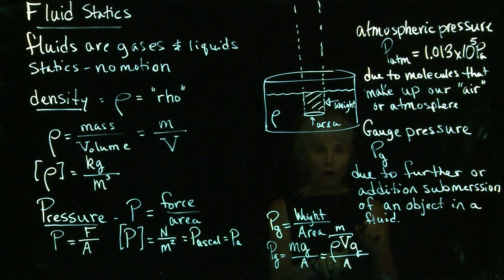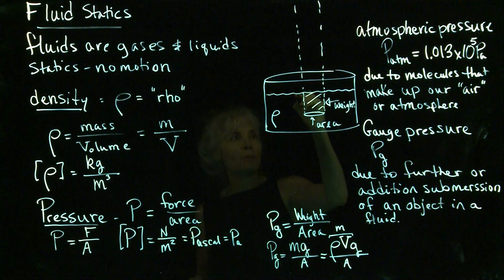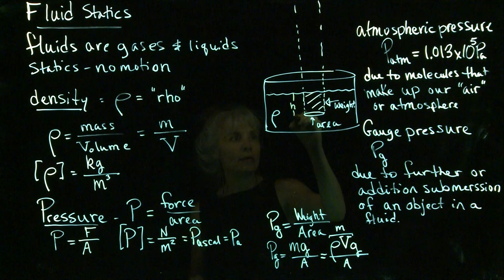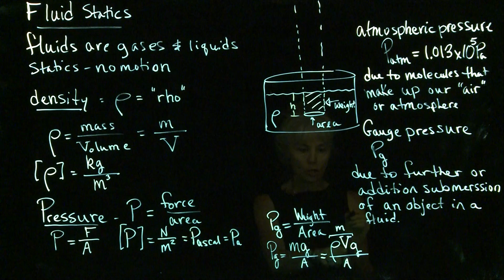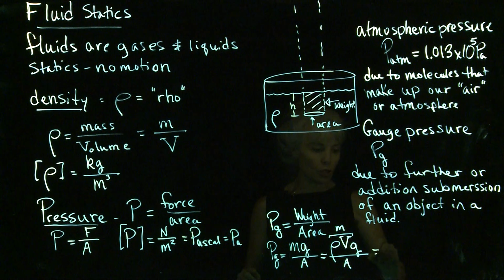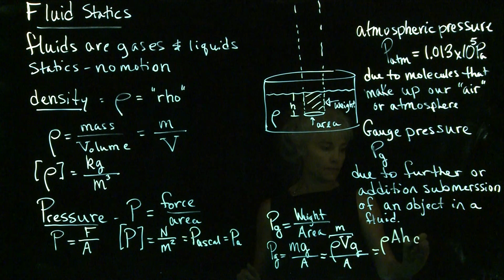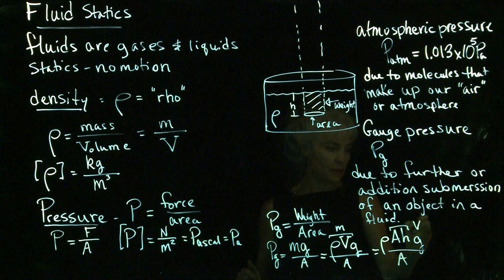In addition, the volume of this cylinder can be rewritten as the area times the height. So I can re-express the volume as area times height. So the area times the height makes up the volume.